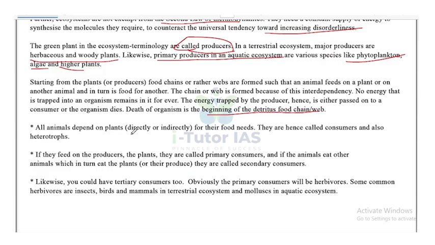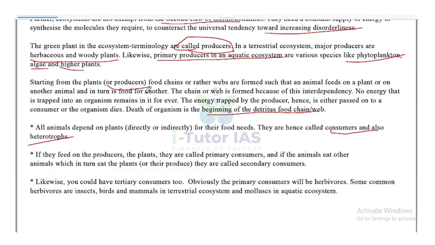All animals depend on plants directly or indirectly for their food needs, so they are called consumers and also heterotrophs. Plants produce the food: they convert inorganic matter into organic matter using sunlight by the process of photosynthesis, and are known as producers.